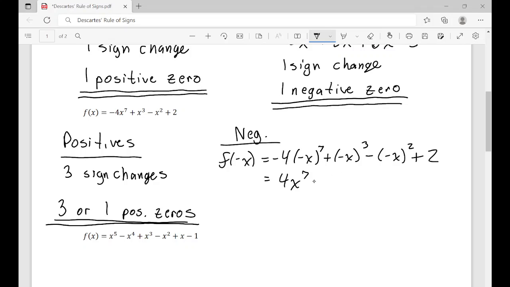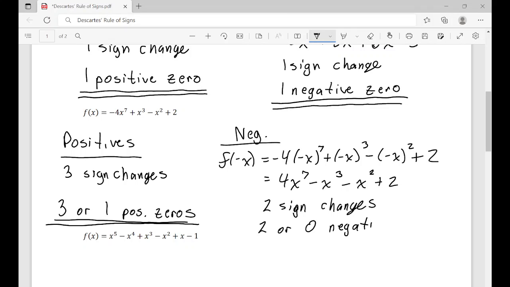Negative x cubed is still going to be negative, so negative x cubed. This will stay the same, so negative positive x squared, and then plus 2. And now the number of sign changes, positive, negative, negative, positive, so 1, 2. So this has 2 sign changes. So this can have either 2 or 0 negative zeros.